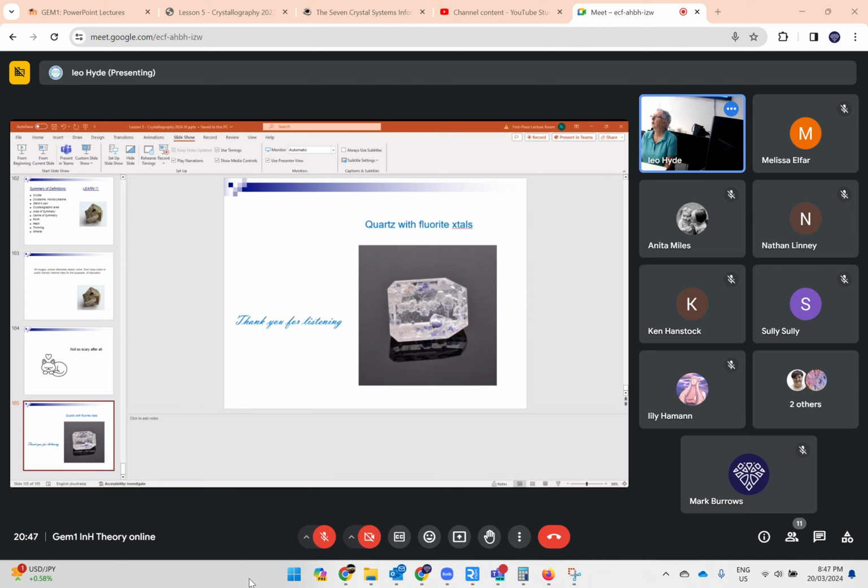Paste. Amorphous or non-crystalline. So the non-crystalline things can still fracture in different directions, but most of the other properties are connected to the crystal structure. So most of those are related to being crystalline substances.